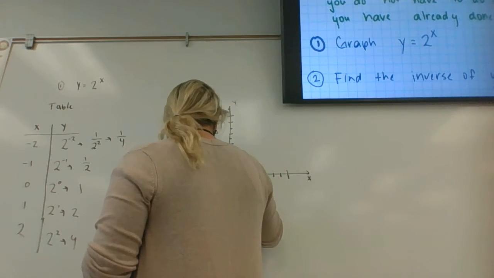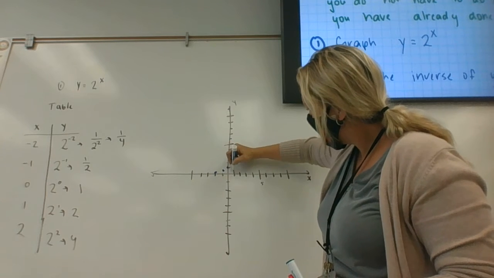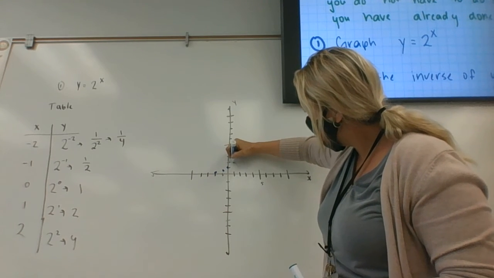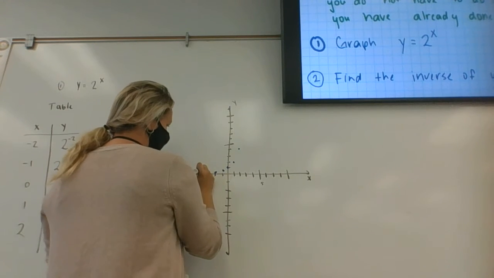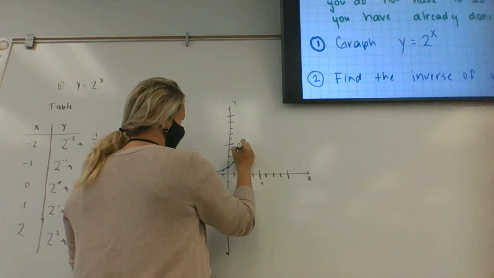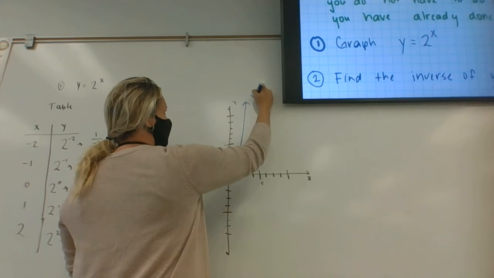So -2, 1/4, just really close to 0, and then 1/2, 1, 2, 2, 4. There it is.